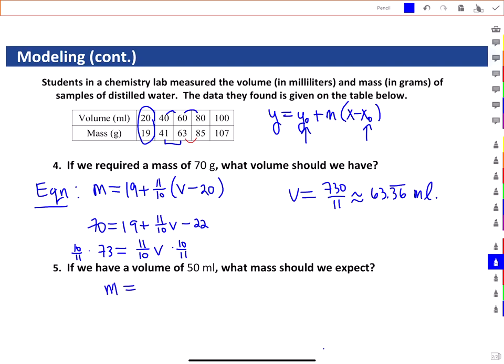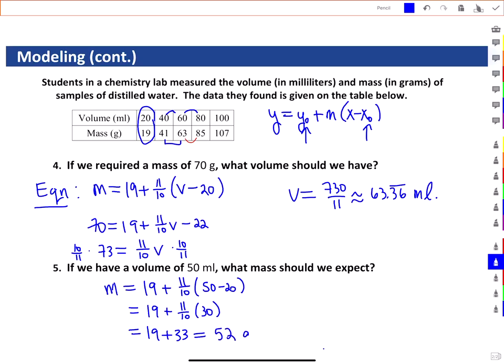So M, my mass, is 19 plus 11 over 10 times 50 minus 20. So that gives us 19 plus 11 over 10 times 30. So that's going to give us 3 if we do 30 divided by 10. So that's 19 plus 33, which gives us a grand total of 52.